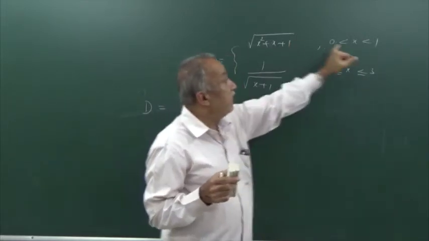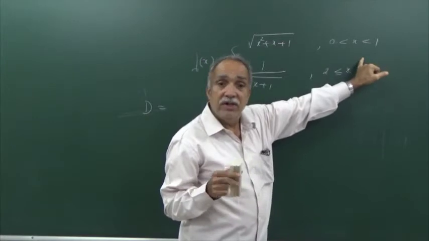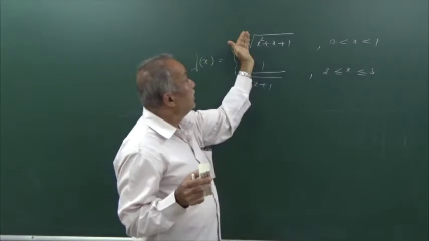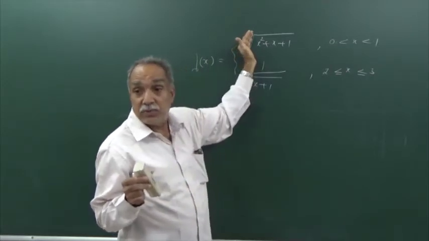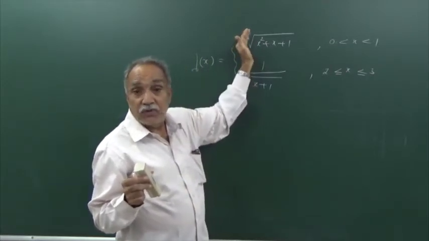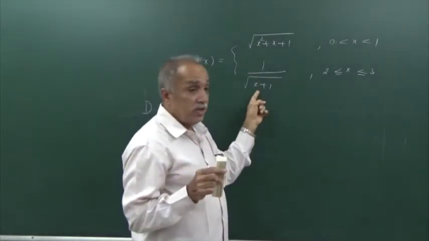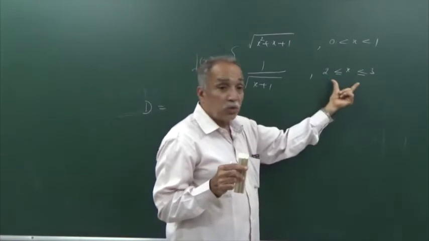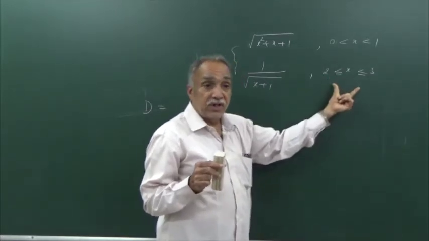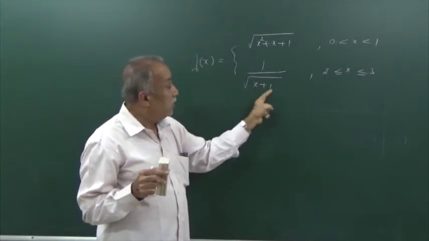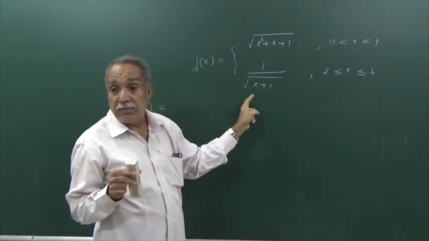Is this well defined for every x in this interval? Yes, no problem. For every x in the interval, this will be a positive expression, and therefore finding the square root will be possible. Okay. What about this? Is this also meaningful throughout this interval? Yes. In order to have this meaningful, x plus 1 must be a strictly positive number.